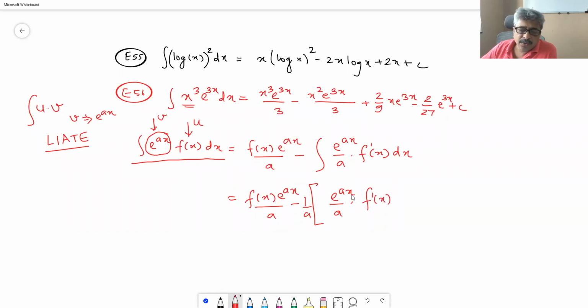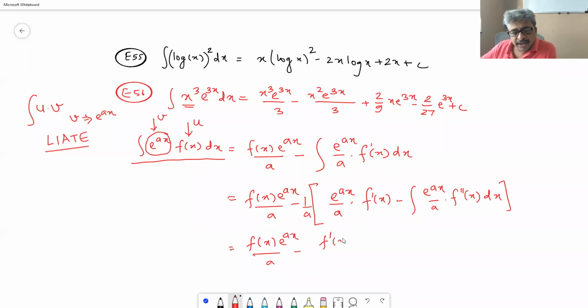That is u into integral of v minus integral of e raised to ax upon a into f double dash of x dx. If you resolve this bracket, you will get f of x e raised to ax upon a minus f dash of x e raised to ax upon a square.